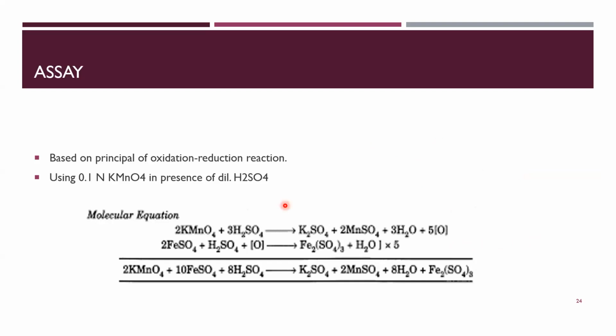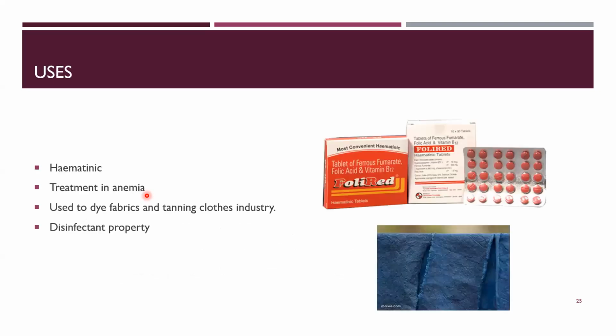Then starting with the assay. Assay is by the principle of oxidation reduction reaction. This is the equation and the reaction of how assay is performed, using 0.1 normal KMnO4 in presence of dilute H2SO4, from which we get the purity of the inorganic compound.